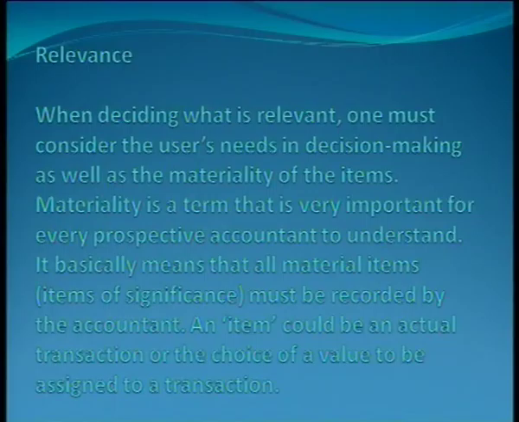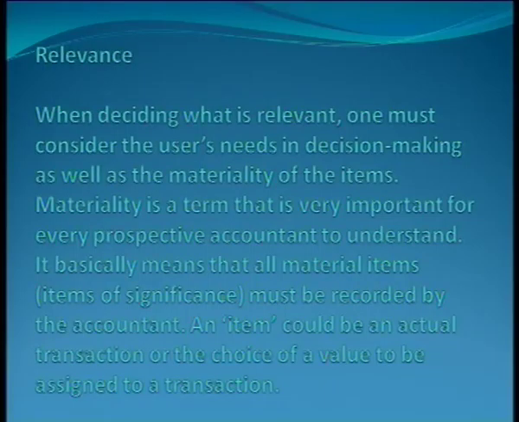The second one, the financial statements should be relevant. There should be a level of relevance in them. What does it mean for financial statements to be relevant? When deciding what is relevant, one must consider the user's needs in decision making as well as the materiality of the items. Materiality is a term that is very important for every prospective accountant to understand.